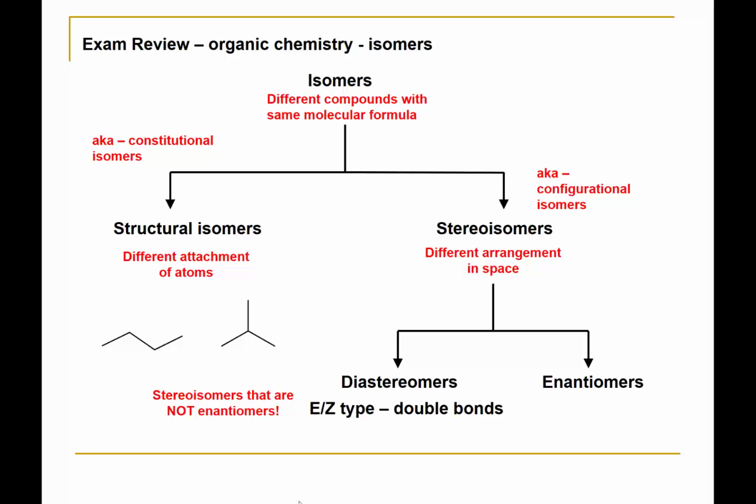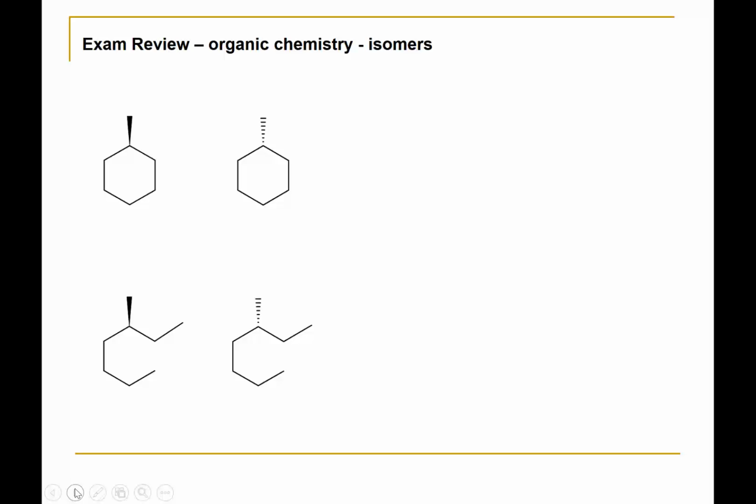So I'm going to look at two other examples in this video. The top example here, if we think about our chart, we ask ourselves, do these two molecules have a different attachment of atoms? And as it turns out, they have the exact same attachment of atoms. If we consider whether or not they're stereoisomers, well, clearly they're not the diastereomer sort of the EZ type.